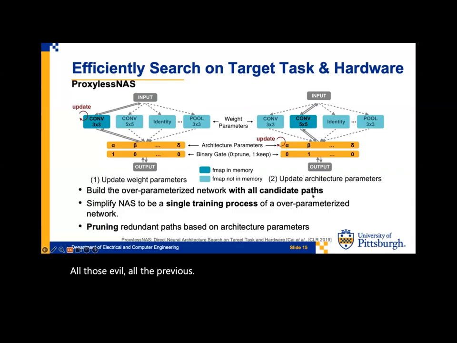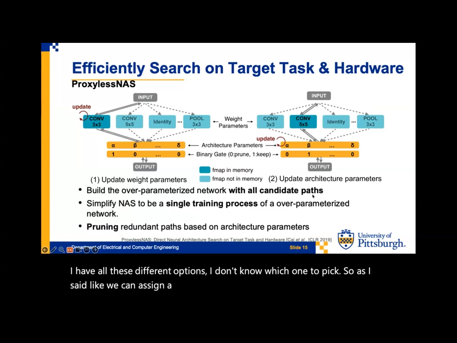So what does this proxyless NAS do? First of all, it follows the gradient descent method. For the input to the output, I have all these different options. I don't know which one to pick. So as I said, we can assign a parameter alpha to each of these paths or each of these operations, right?